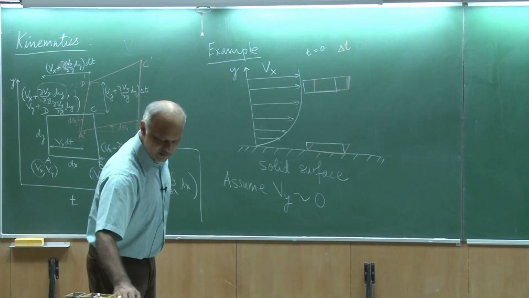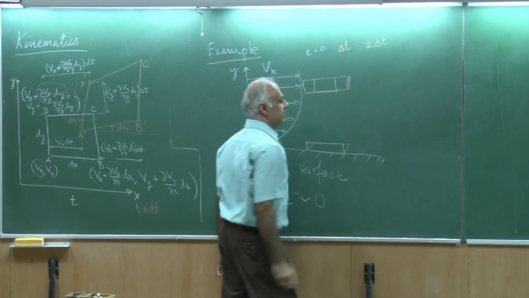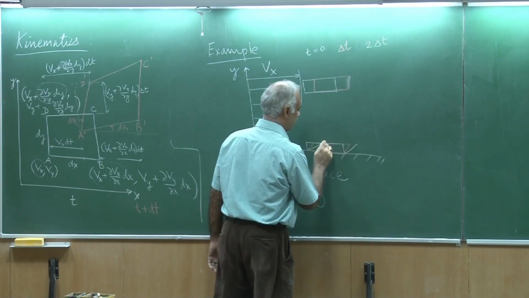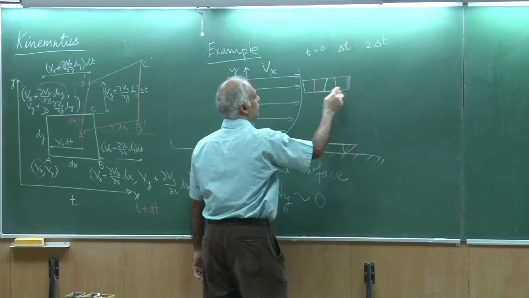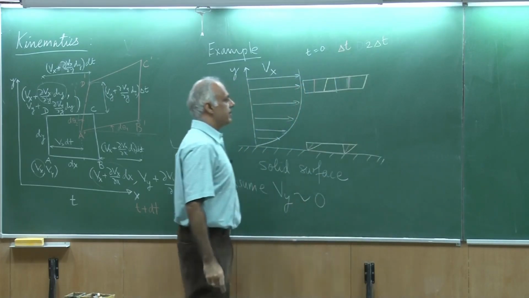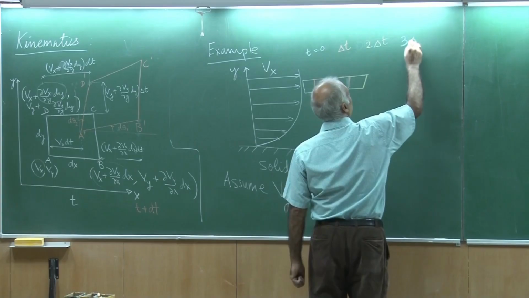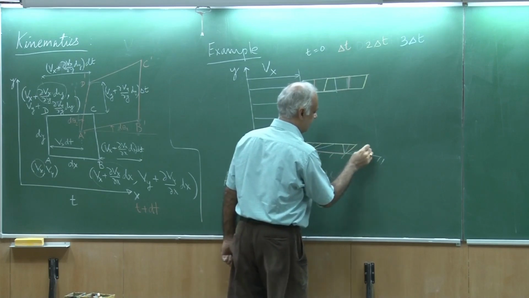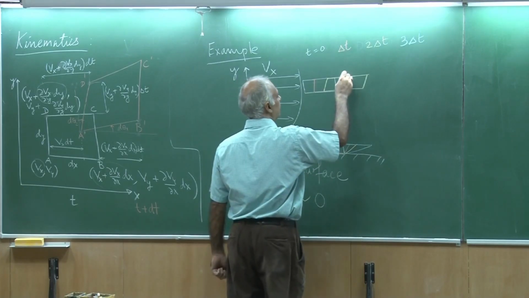All right. Let us try to see what happens at 2 delta t. And this one goes even further down, and this one goes maybe something like this. At 3 delta t, you would see this fellow goes something like this, and this one over here maybe.